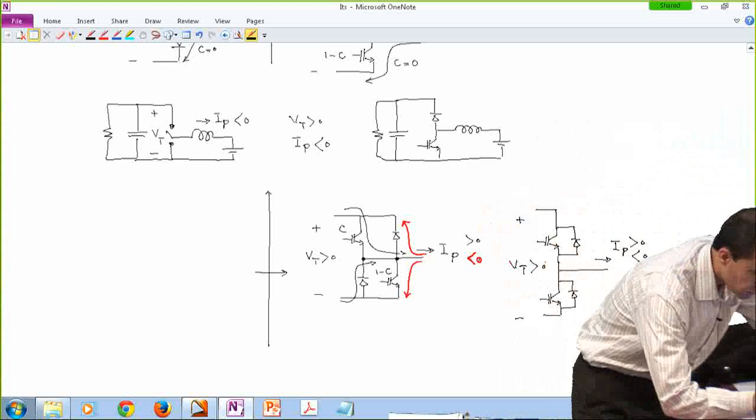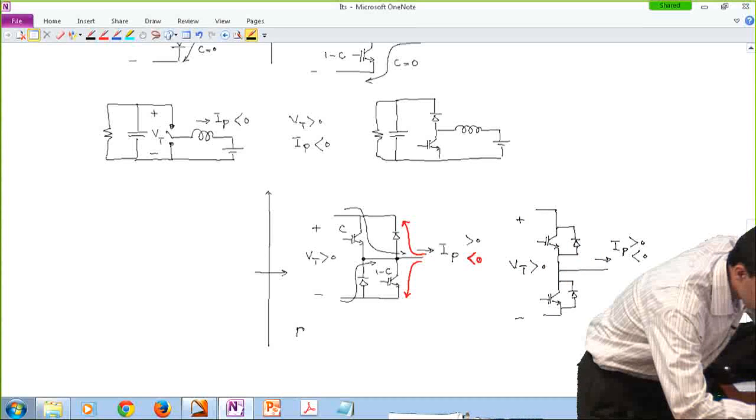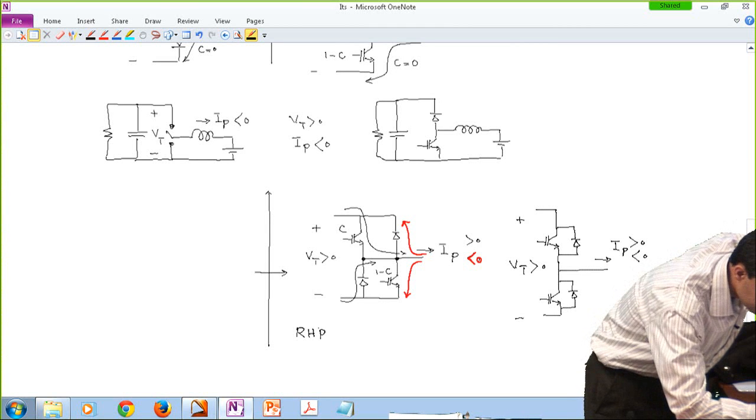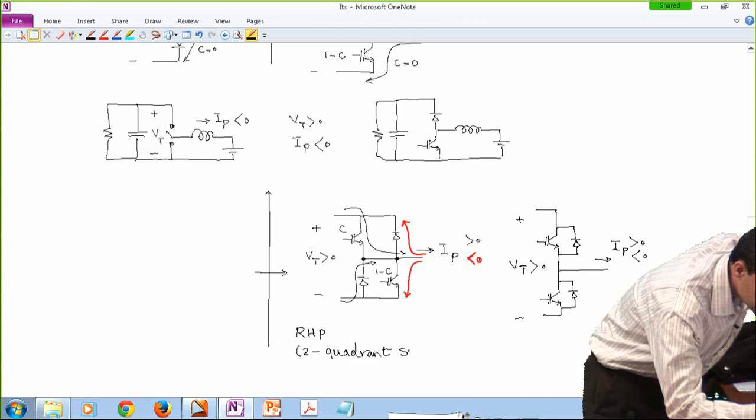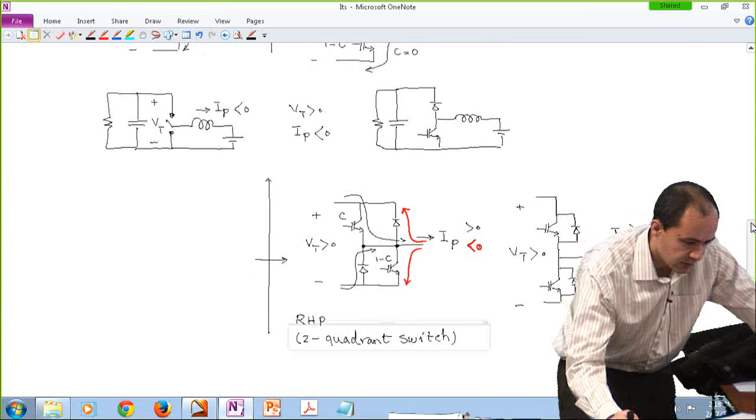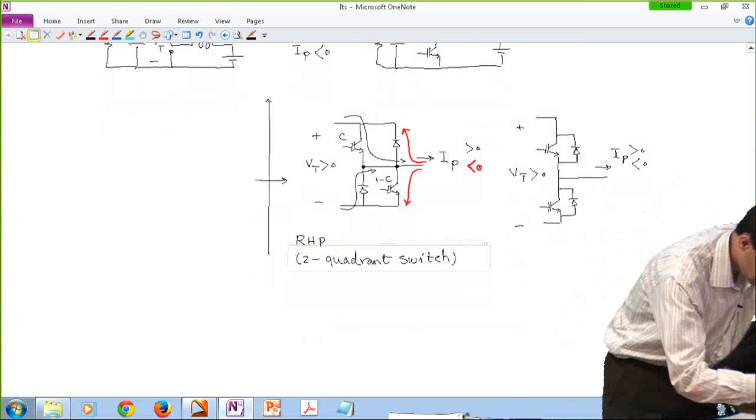So this particular switch is called the right half-plane switch. Okay? Or a 2-quadrant switch. And as I said, a good example for a right half-plane switch is the bidirectional buck converter.